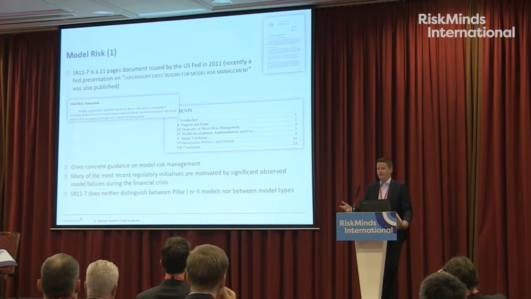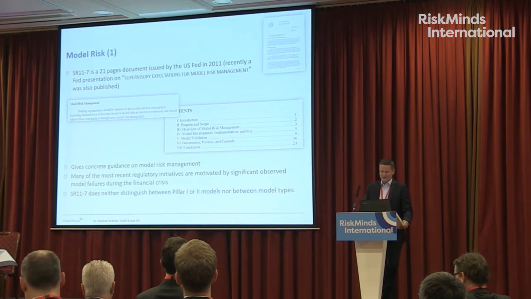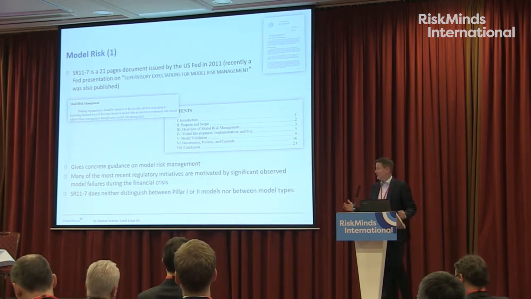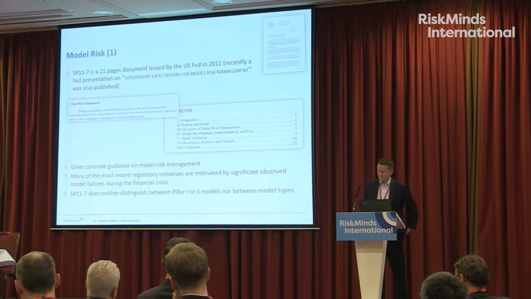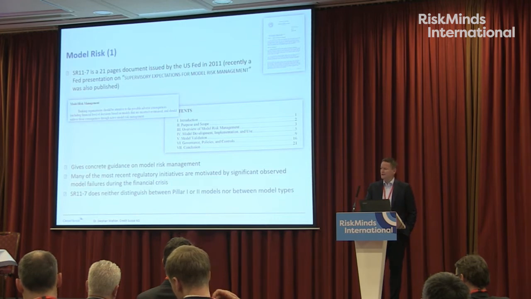Is it SR 11-7 compliant? That's typically the question that you need to answer. If you read through that document, it's 21 pages, so it's not a very big one. It's pretty intuitive. In each and every paragraph, you find something where you feel connected and you would support. So it gives very concrete guidance on model risk management.